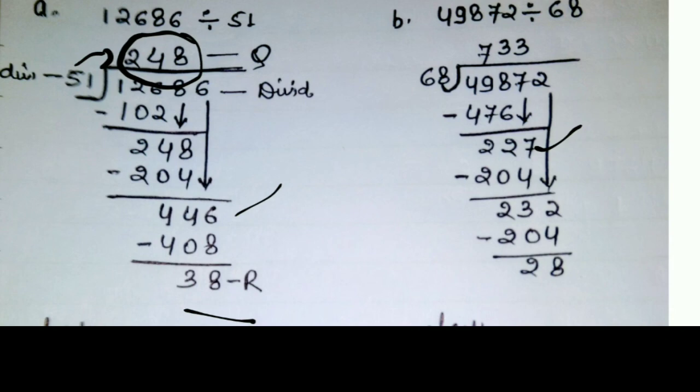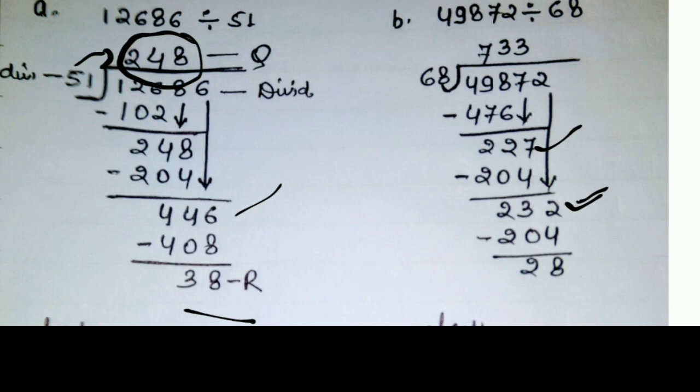Now 68 multiplied by 3, that is 204. Clear? So here we will do minus again. So we get 23. Now write this 2, so the new number is 232.